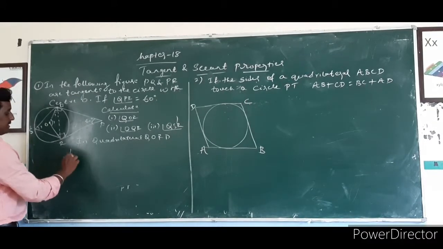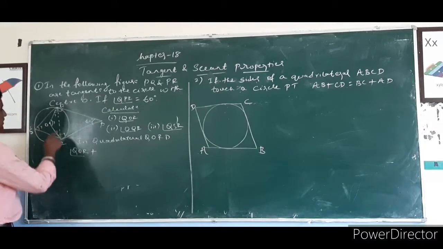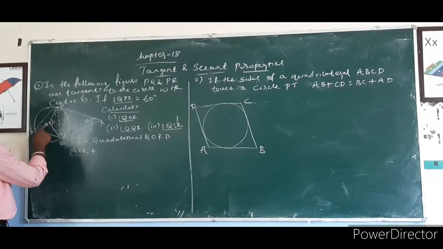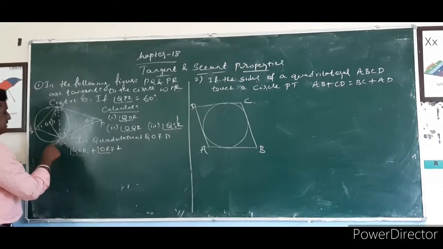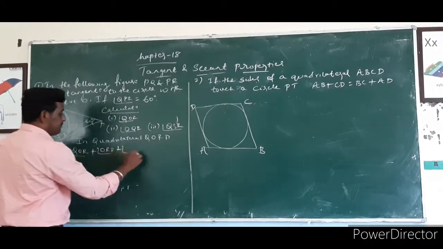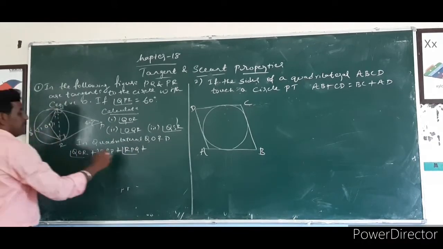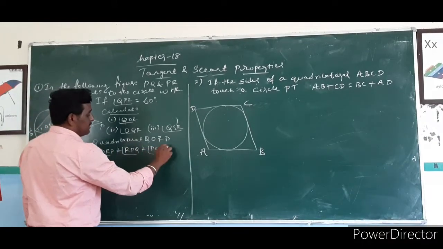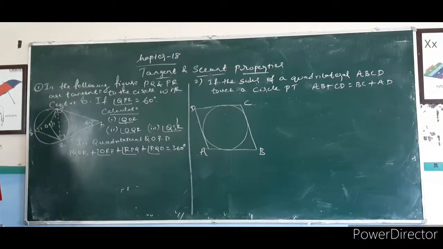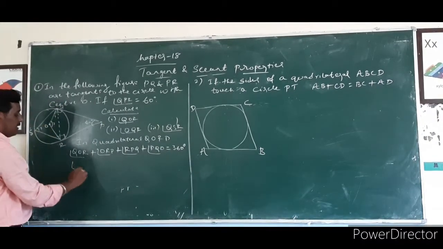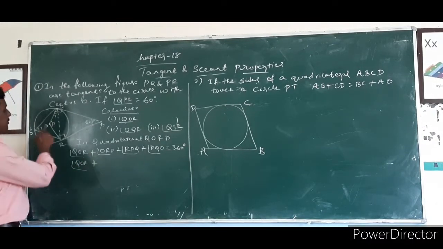The angle QOR plus ORP plus RPQ plus PQO, the sum of the angles in the quadrilateral is equal to 360 degrees. We have to find QOR, so you can keep it as it is, plus QRP.